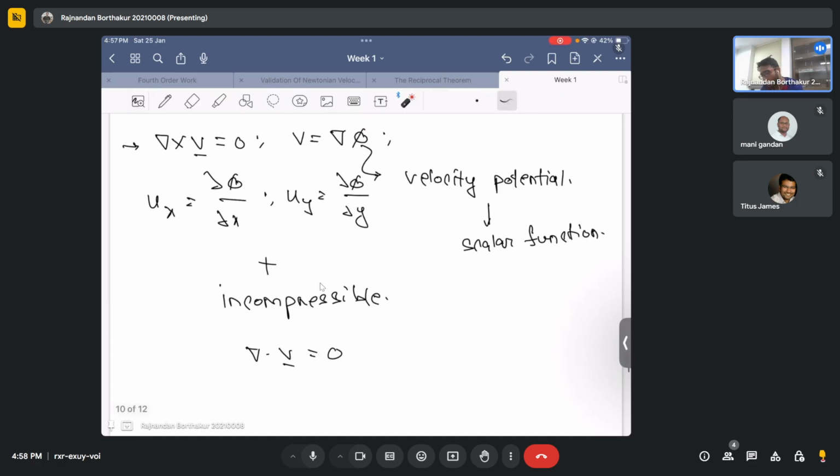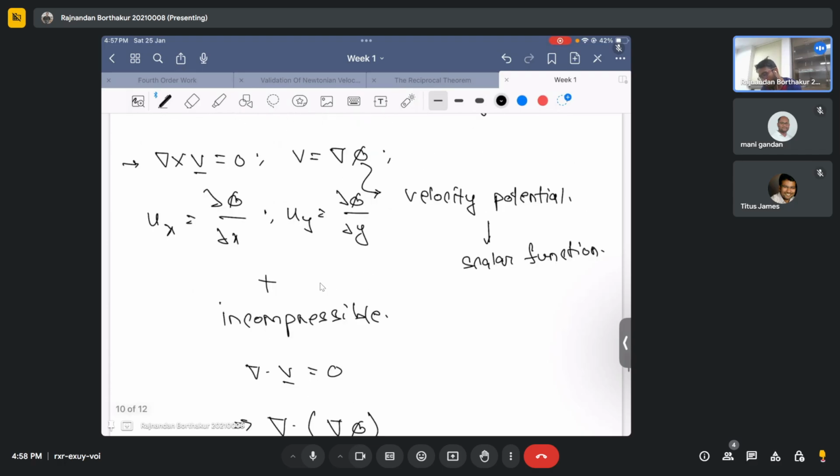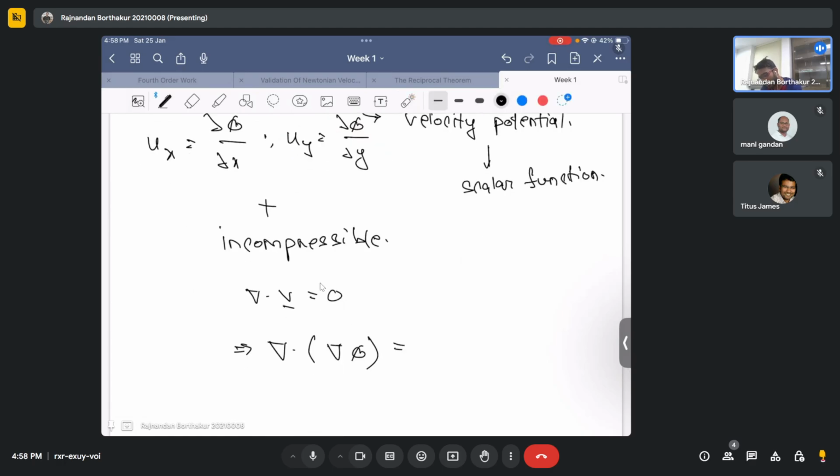And because your flow is also irrotational, you can write the velocity as the gradient of phi, so this becomes the divergence of the gradient of phi, which is equal to 0.